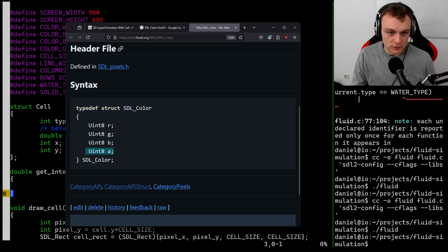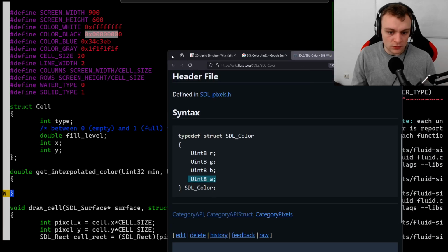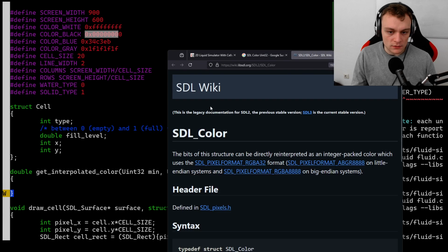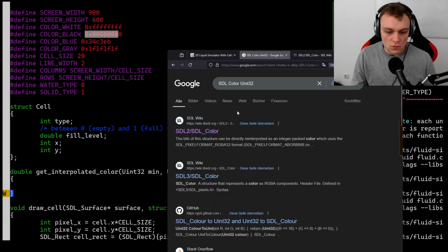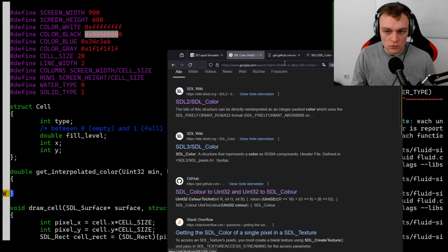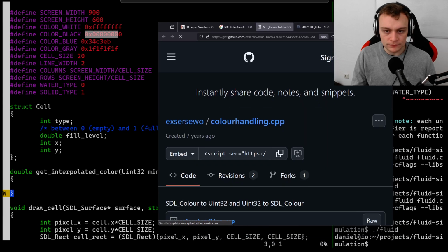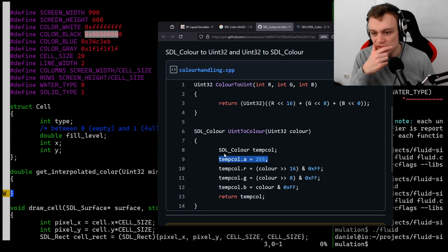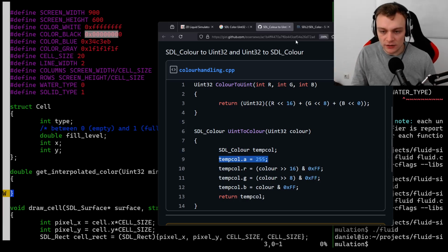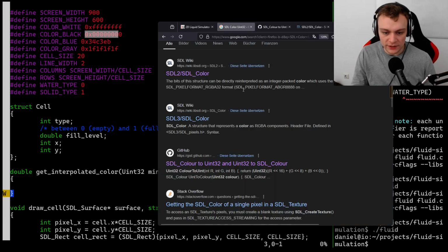RGBA. What is A? A is alpha, I think, which should be the opacity.